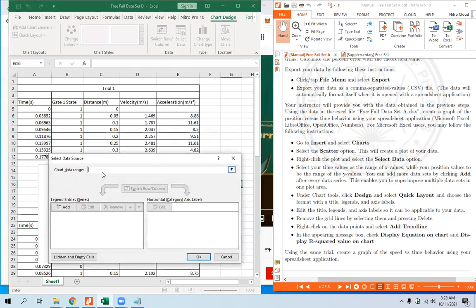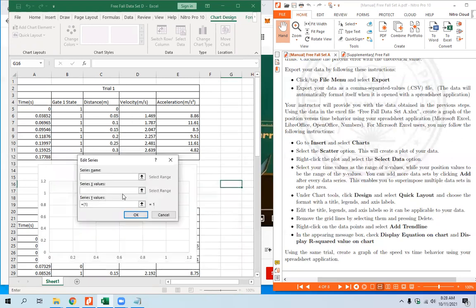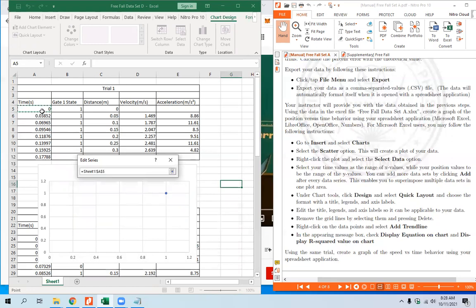So mag-a-add ako ng data set dito. Gusto kong i-add, let's say, si velocity versus time. Mag-add tayo series name velocity versus time. The series X values ko. Kapag magse-select kayo ng series X values, isang set ng X values yan. So you can usually do this in Excel by clicking your top data point and dragging it down.